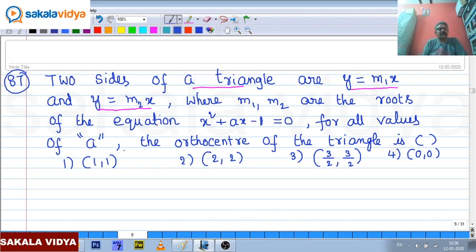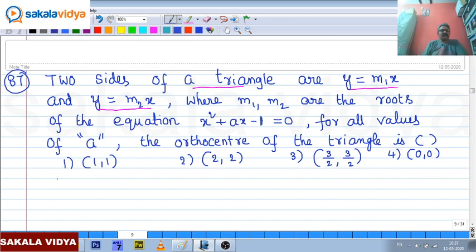For all values of a, the orthocenter of the triangle we need to find out. That means first, if you are able to find out product of the slopes is equal to minus 1, obviously this y is equal to m1x and y is equal to m2x will be the two legs of a right angle triangle. The point of intersection of these two lines will be the orthocenter. So y is equal to m1x and y is equal to m2x, point of intersection is origin. So obviously origin will be the answer.